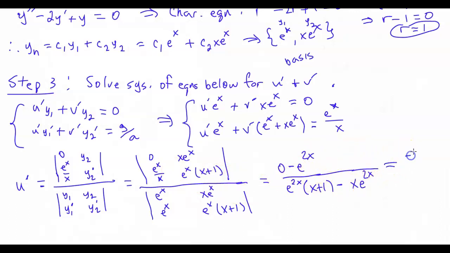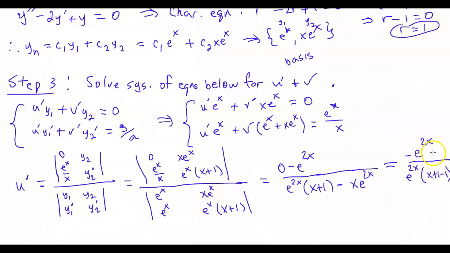So here I have a minus e to the 2x, and this will be e to the 2x here, and I'll have x plus 1 minus 1. And of course, if I do all the math of this, the 1 minus the 1 cancel the 0.